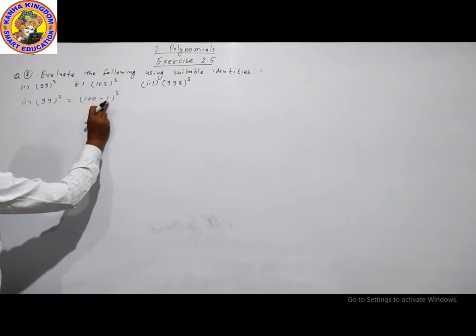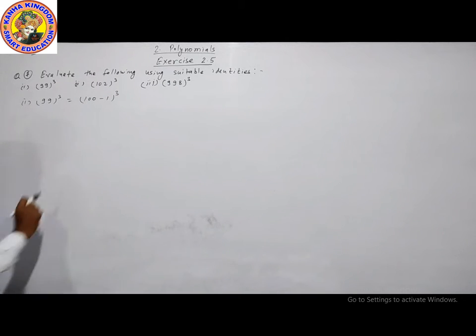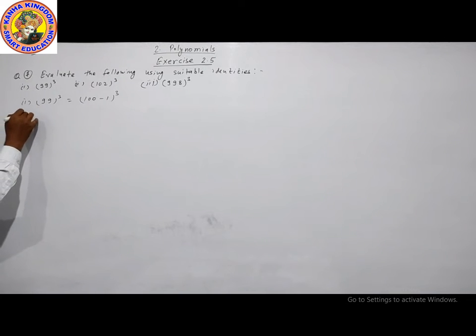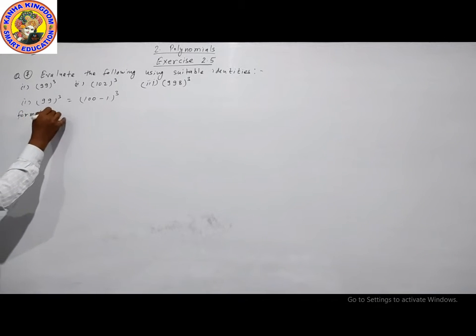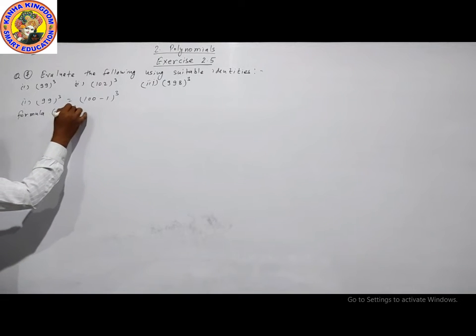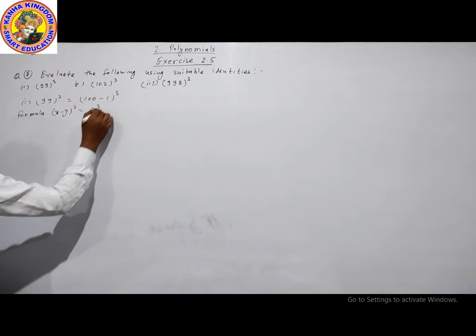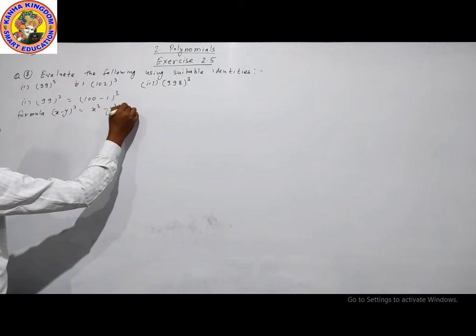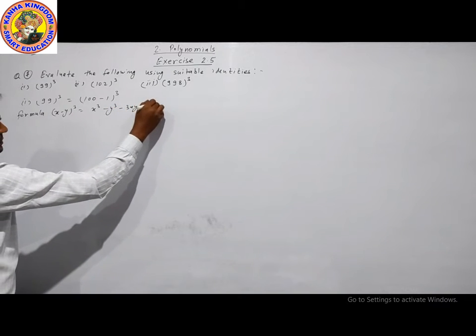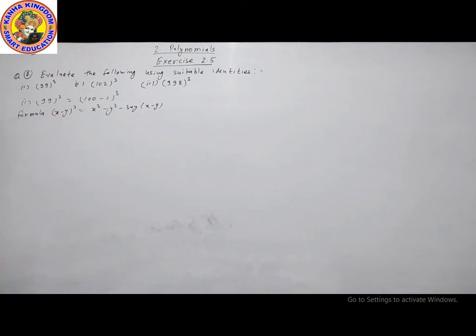This is over x and y, (x minus y) cube. We can use the formula of (x minus y) cube. The formula is x cube minus y cube minus 3xy times (x minus y). This is our formula.